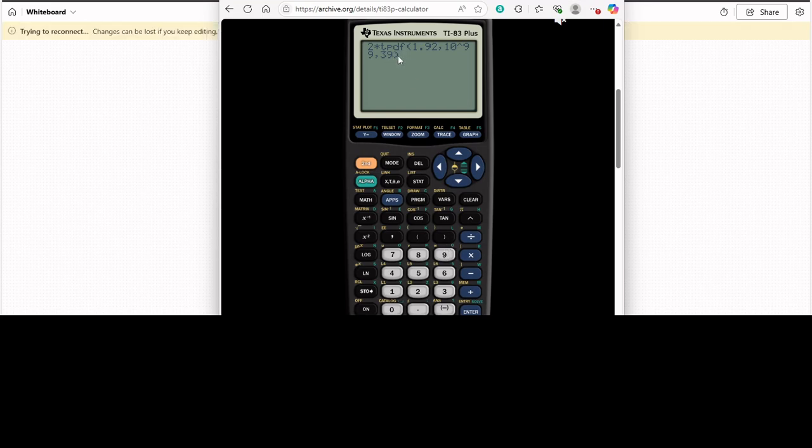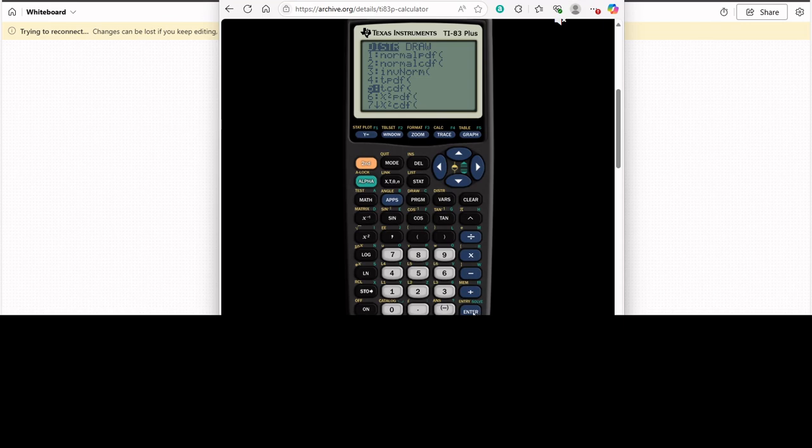I said I made up this t-score, it doesn't represent anything, but it got mad at us. Oh, hold on, let's see why it got mad at us. Let's try that again. Hold on. Sometimes these calculators can be tricky to deal with.